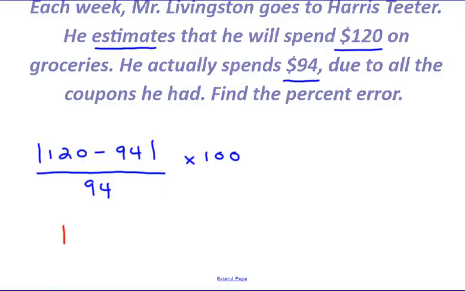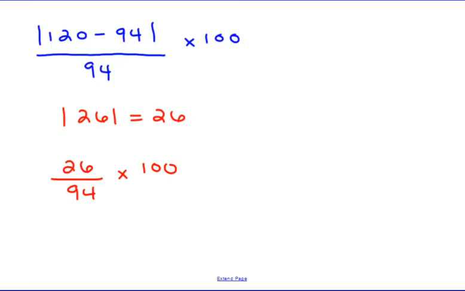120 minus 94 is the absolute value of 26, which is simply 26. So then we have 26 over 94 times 100. 26 divided by 94, again, is going to give us a really long decimal.